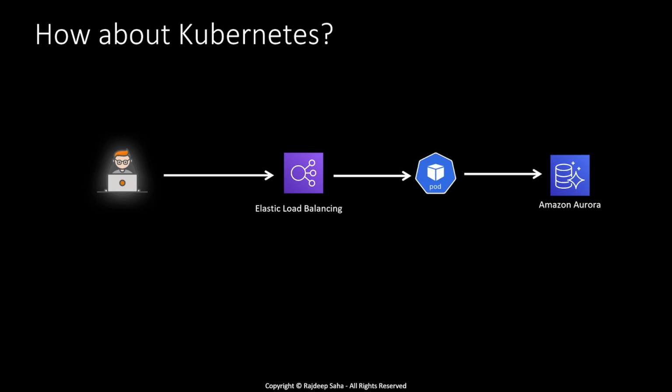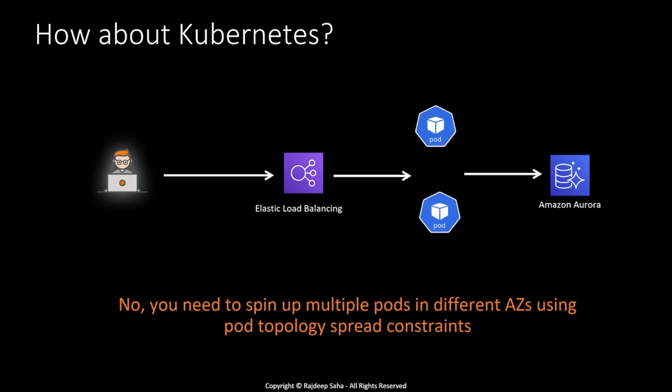So is Kubernetes highly available out of the box? No, it is not. You need to spin up multiple pods for the same container in different availability zones using pod topology spread constraints. So even if one pod goes down, this pod topology spread constraints ensures that the other pod will come up in different availability zone and not in the same AZ.